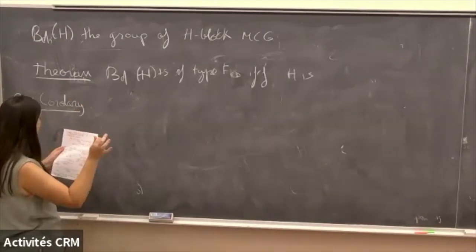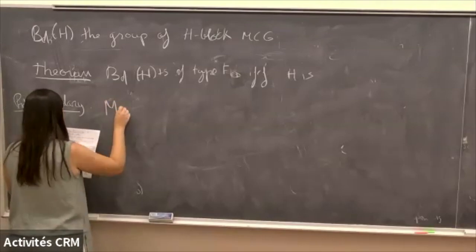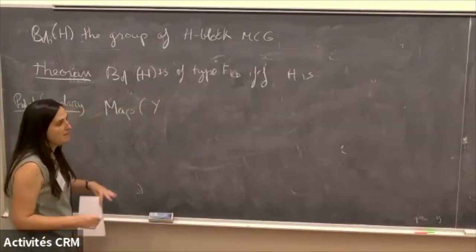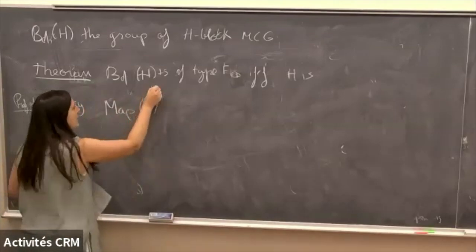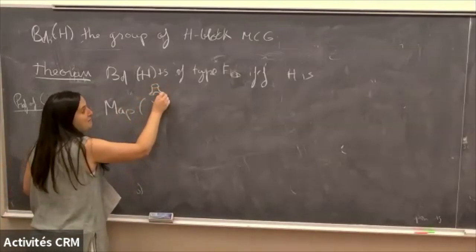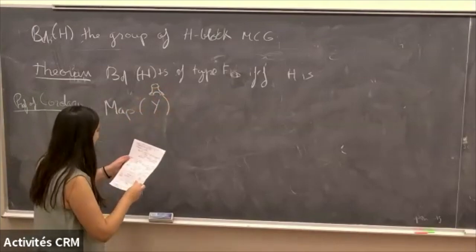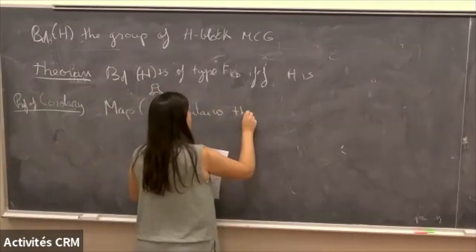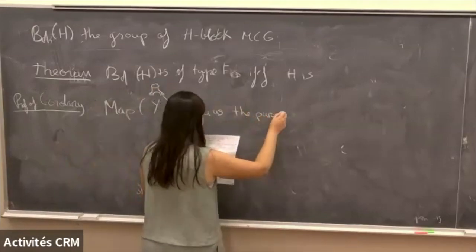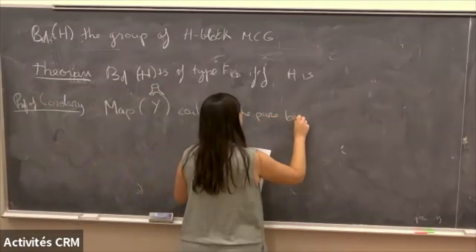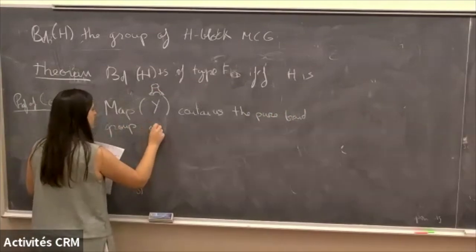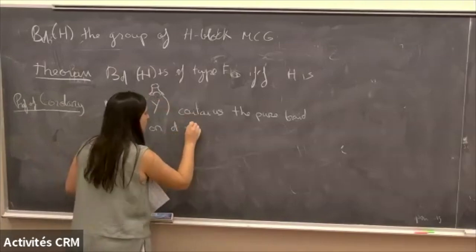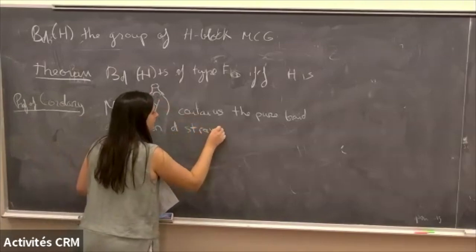is just the following. The mapping class group of my first block, this was my first pair of pants, always contains the pure braid group on, in this case two strands, in general on n strands.